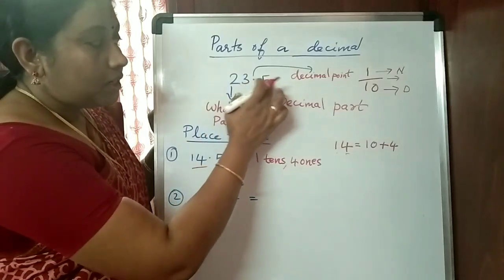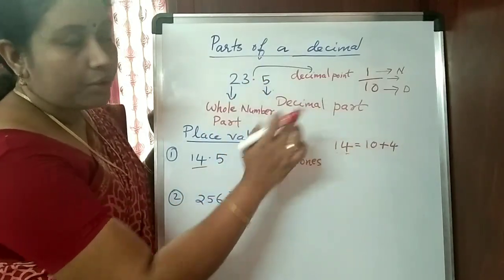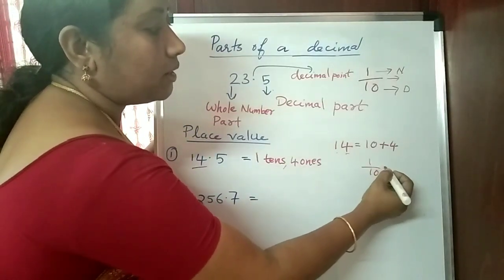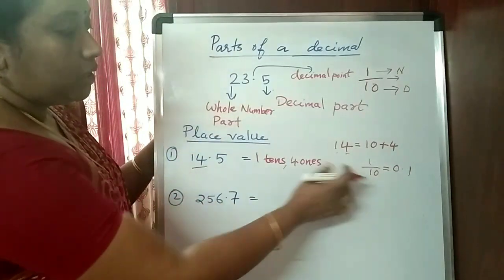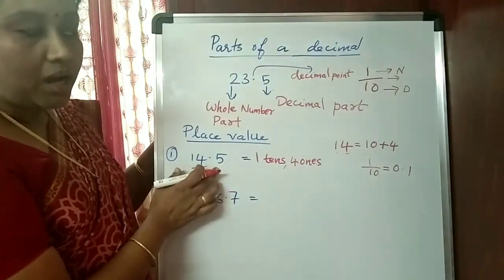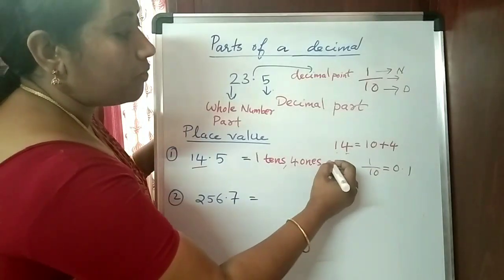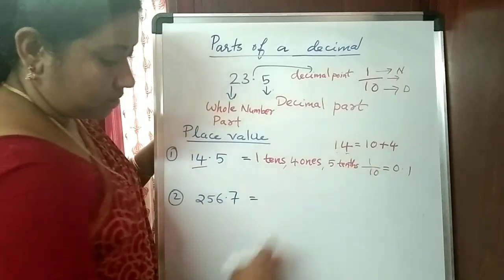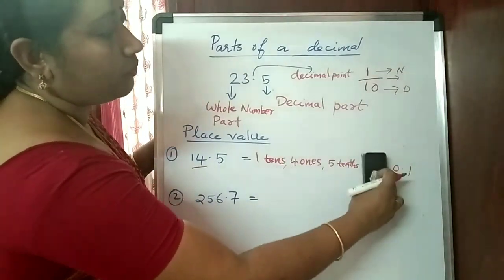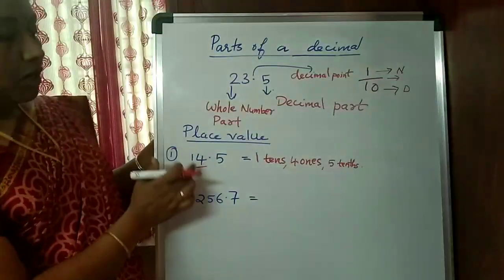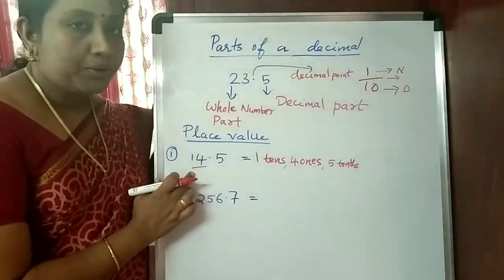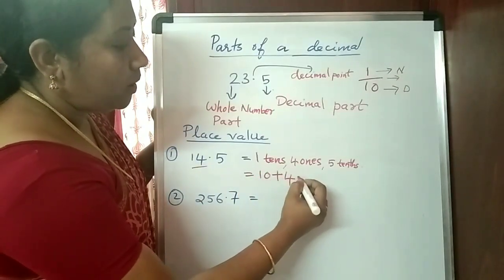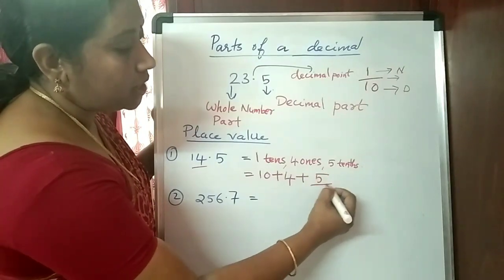What is the place value of 0.1? 1/10 is called 0.1. So the place value of 5 is 5 tenths. So the expanded form of 14.5 is equal to 10 plus 4 plus 5/10.